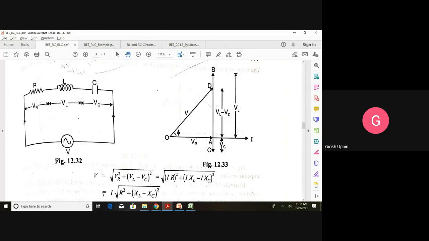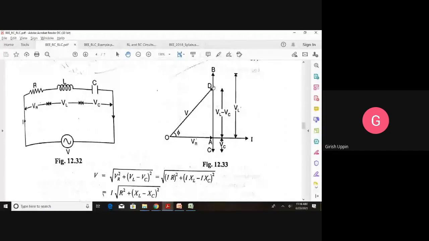Let us, just for the argument, assume that VC is less than VL. Let us assume VL is 100 and VC is 50. What would be the effective voltage? VL minus VC, that is 100 minus 50, 50. So it would come somewhere here on the positive line.